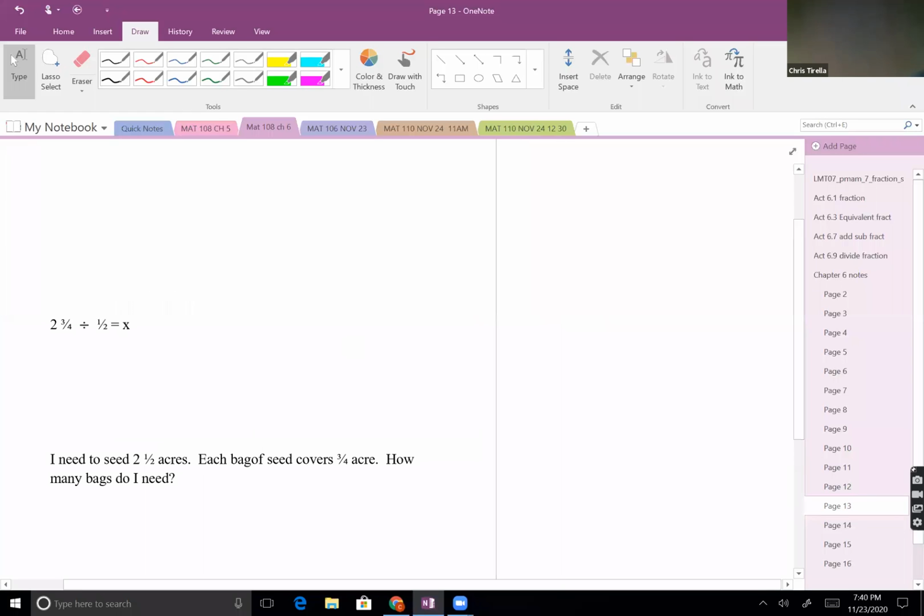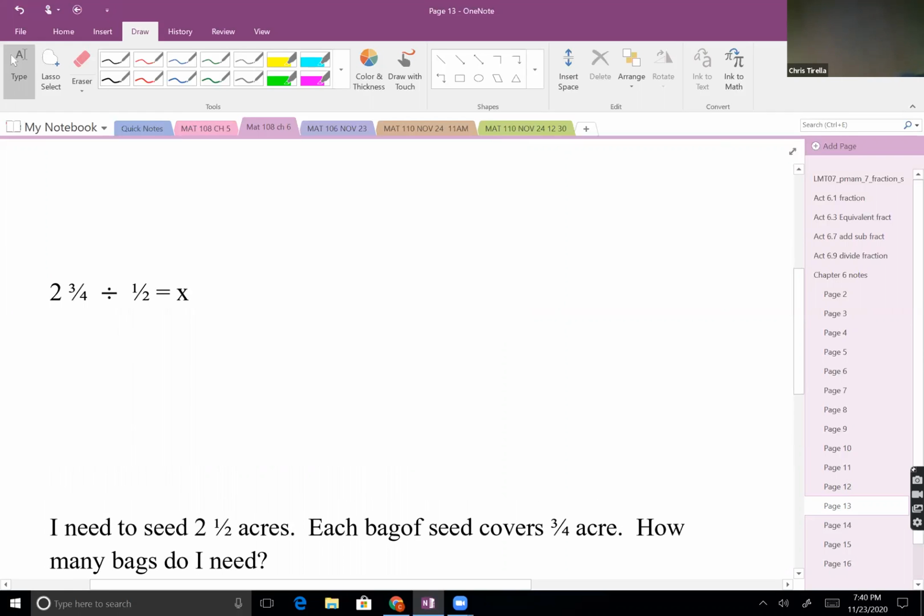And so over here, if I have 2 3/4, and I want to divide it by a half, I could ask how many halves are in 2 3/4. Here, let's use the block to equal 1.